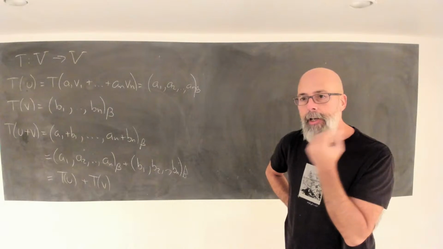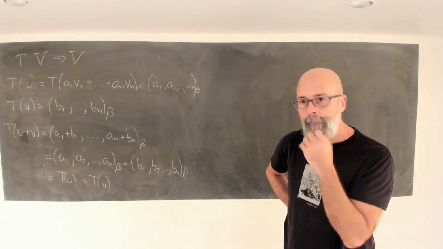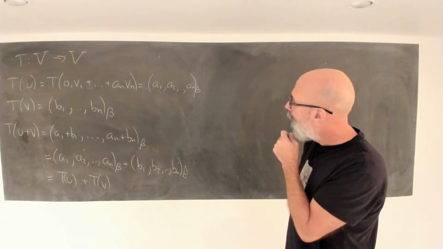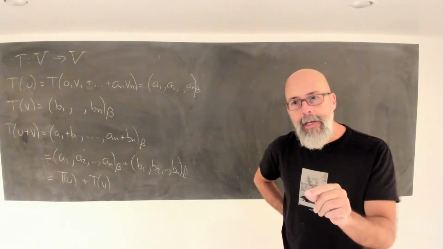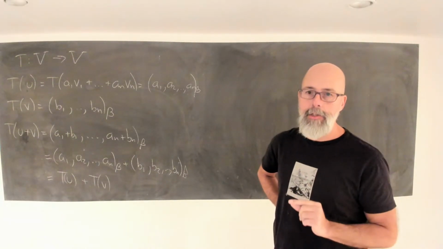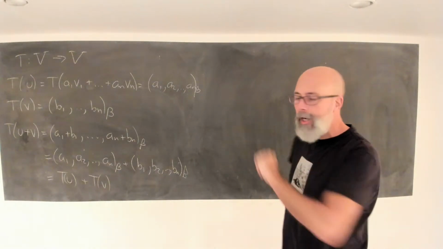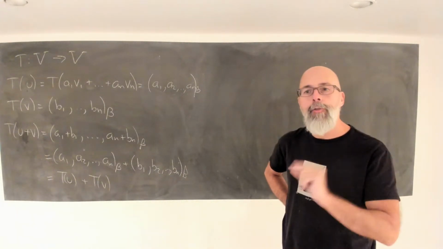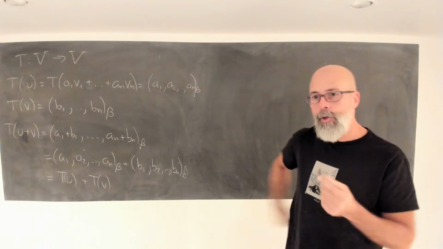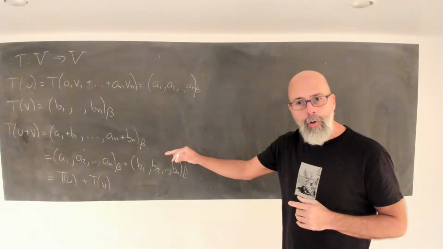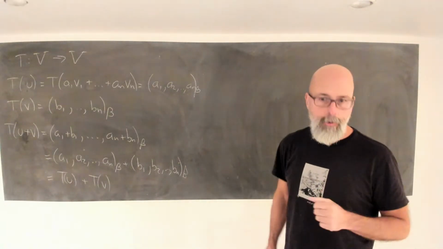What should we say? The linear transformation is a change of basis. Right? All I'm doing is rewriting u in a different basis. So it's almost like an identity. It's sending u to u, but a different representation for u.